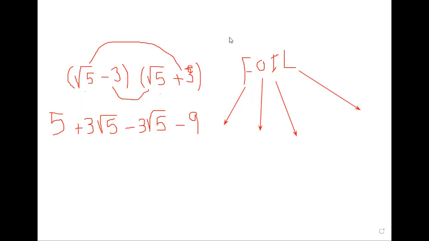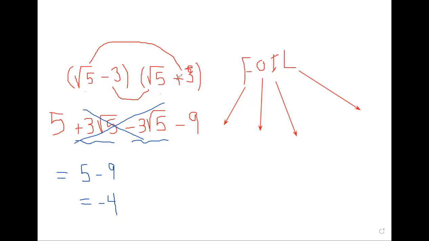Now we can simplify. I have 3 root 5 minus 3 root 5, then this part will be equal to 0. Then by the end, I have 5 minus 9, so the answer will be equal to negative 4.